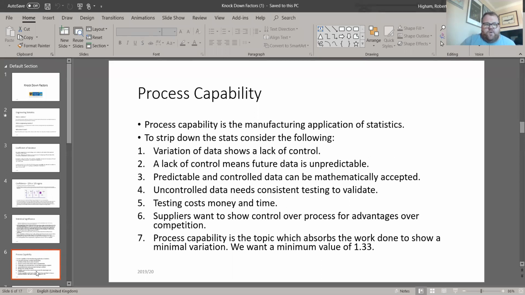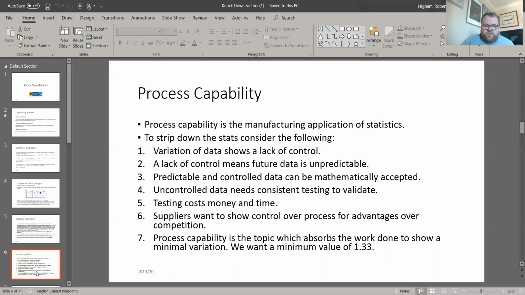Stripping all of this back and looking at what stats are considering, we have a variation of data which shows that the process isn't controlled. If there's not that much control, then the next data point is unpredictable. If it's predictable and controlled, then it's mathematically accepted.